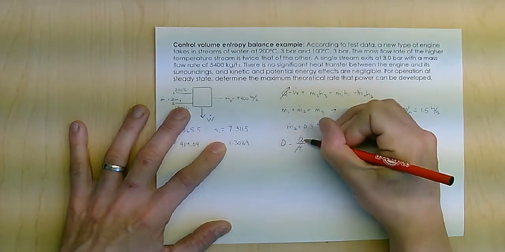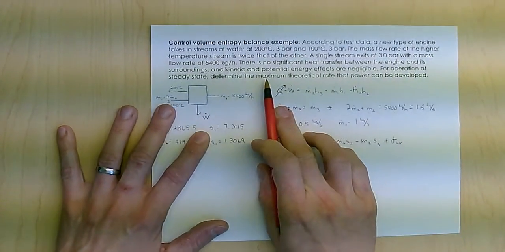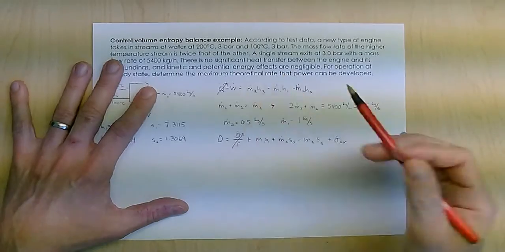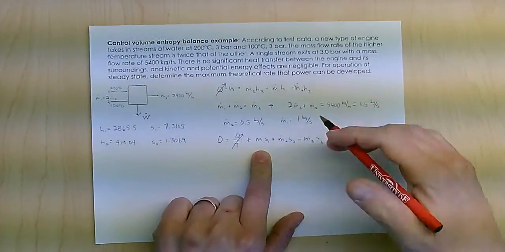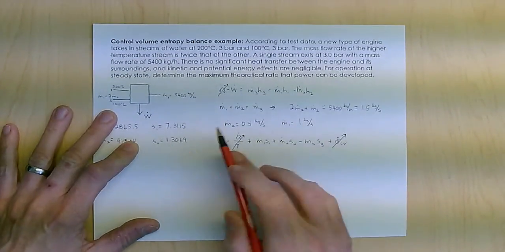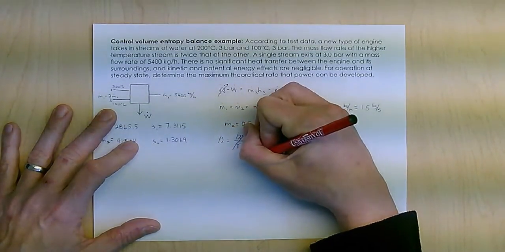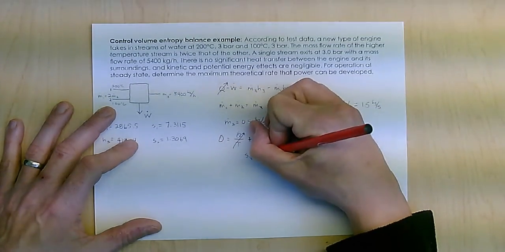Now, there's no heat transfer, that goes away. I'm trying to find the maximum, meaning best case scenario, meaning completely reversible. So sigma is also going to go to 0. So now I have all of my mass flows, and I have S1 and S2. From this, I can calculate S3, which is going to be 5.31.